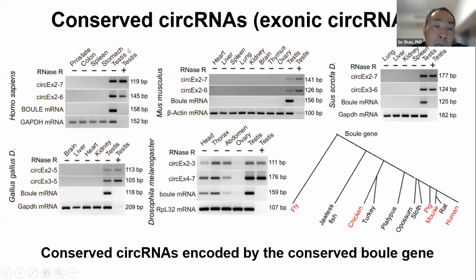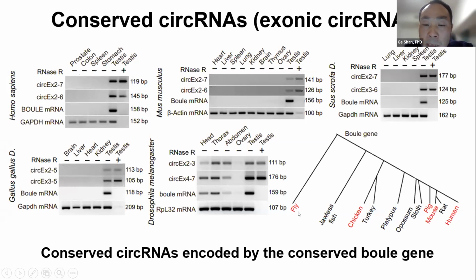Last year we also studied a conserved exonic circRNA. This conserved circRNA is encoded by the gene called Boule, which functions in spermatogenesis. This circRNA is conserved from Drosophila all the way to human.